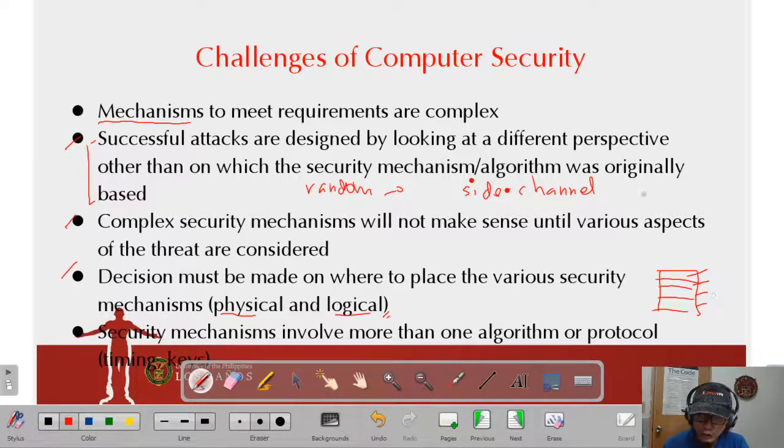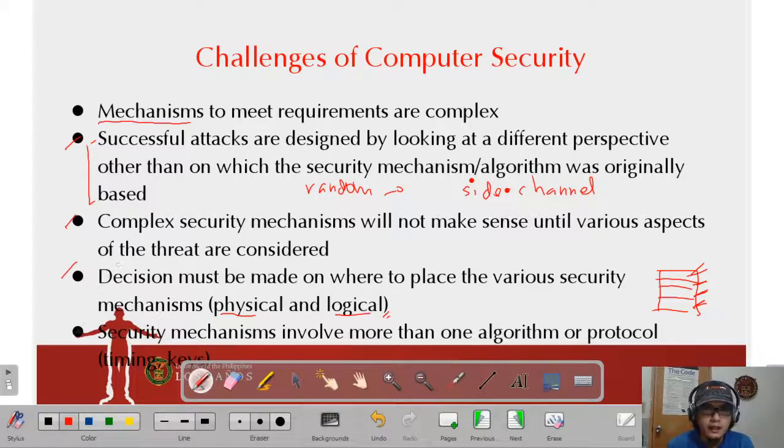So where should we place, for example, the encryption? Should we place the encryption in the application layer? In the transport layer? In the IP layer? Or at the media access layer? So you have to decide where to place the security mechanism.